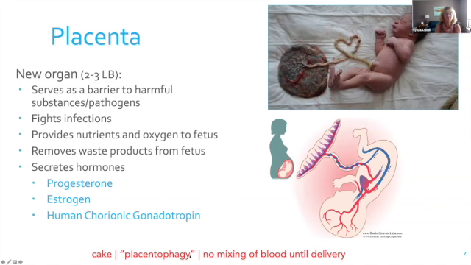Another thing I want to bring up is placentophagy, because sometimes students are interested in this. There is a movement, maybe not super popular, in which people think, let's save my placenta. I'll put it in the freezer and eat it later, or I'll have it dried and turned into pills and take those later.